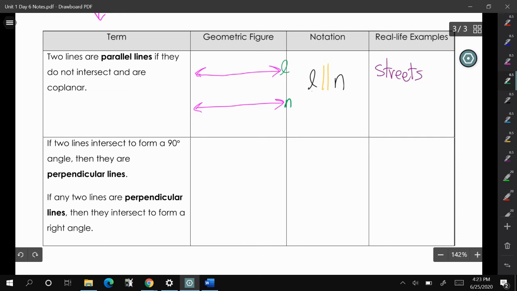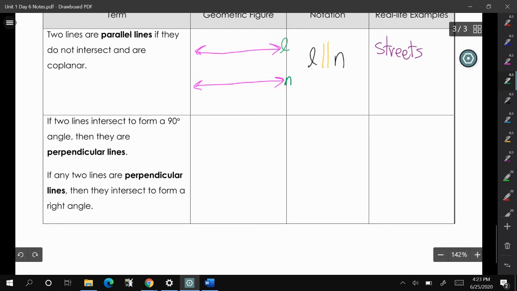Now, perpendicular lines, those lines form a 90-degree angle. We could have these two lines here. Let's make these different. Let's make them actual lines and not segments. And again, we need this little box here to show that it's a 90-degree angle there.